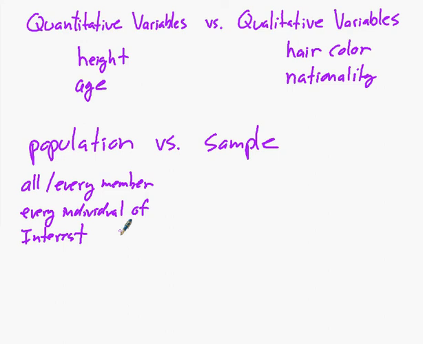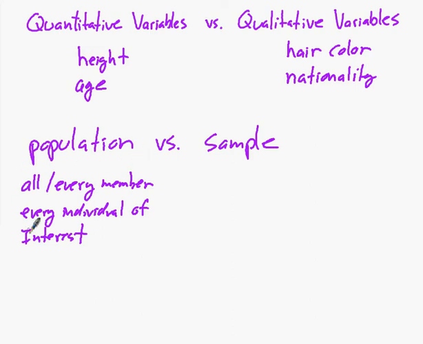An individual is a generic term, talking about the students at the school. We're talking about people. We could talk about apple trees, and each tree is an individual. So it's both human and non-human. We could be talking about rock samples, and so animate, inanimate. It's just every individual member of the population.